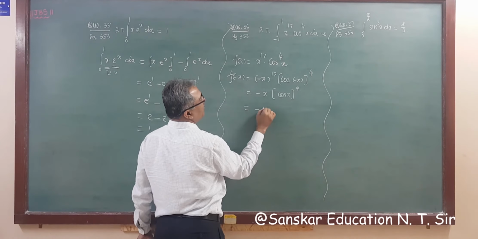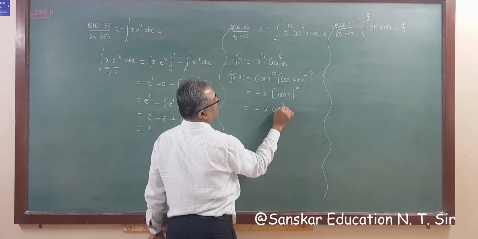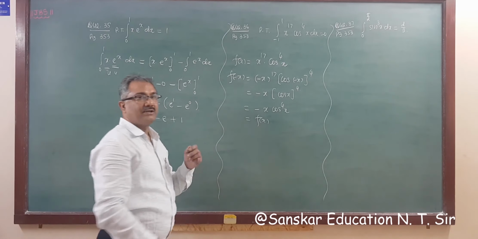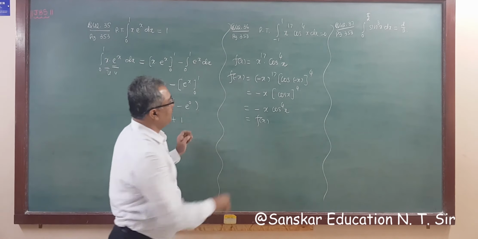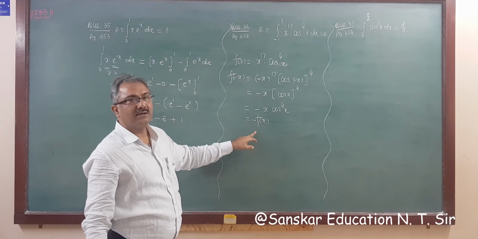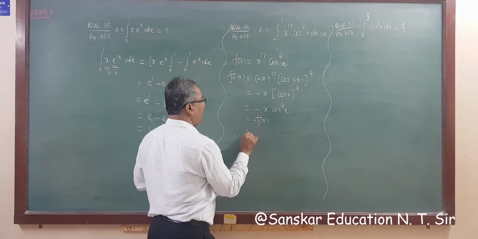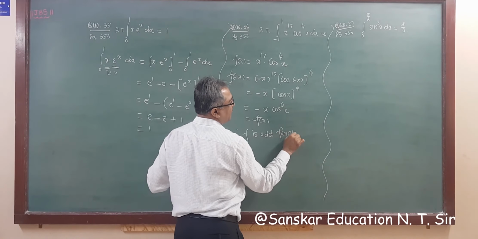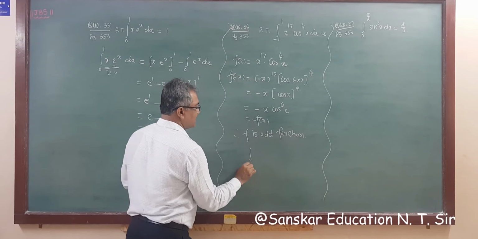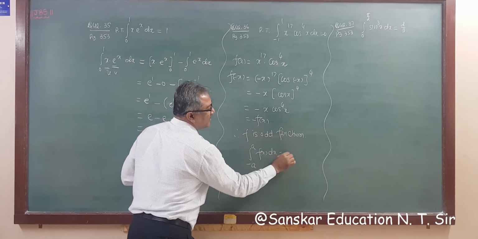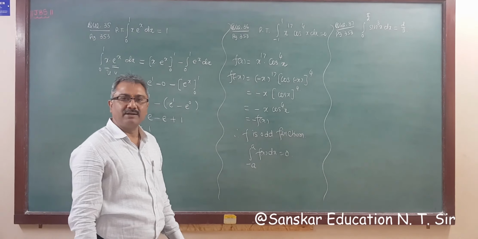So the result is minus x cos raised to 4x, that is, f(minus x) equals minus f(x). So f is an odd function, and if f is an odd function then the integration from minus a to a of f(x) dx is equal to 0. That is the identity that you know.